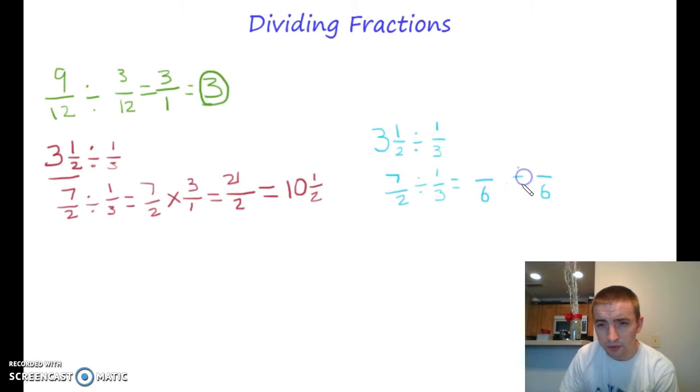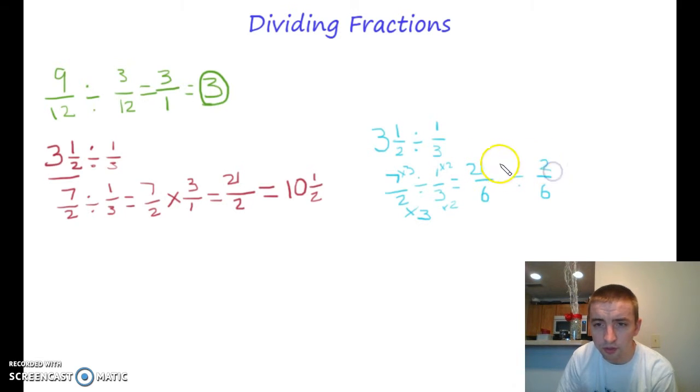Now remember, what I do to the bottom, I have to do to the top. So what I do to the denominator, I have to do to the numerator. So 2 times 3 is 6, so I'm going to multiply 7 times 3 to get to 21. And same thing, 3 times 2 equals 6, so I have to do 1 times 2.